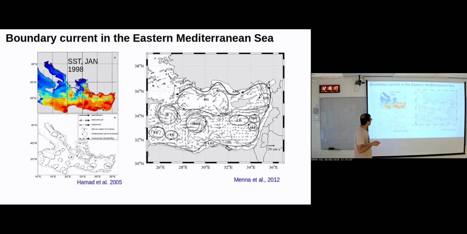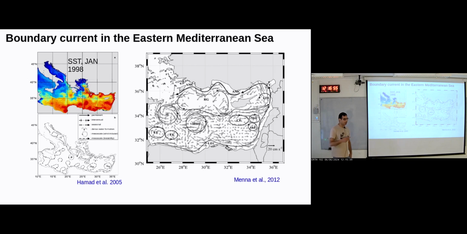Later, combining sea surface altimetry data and drifter trajectories, Menna et al. generated a map of the surface current in the Levantine basin, and a boundary current flowing around the Levantine is clearly noticeable. In this SST map, we also notice instabilities in the boundary current, which result in the formation of these eddies. However, a systematic study of the boundary current instabilities is still lacking.